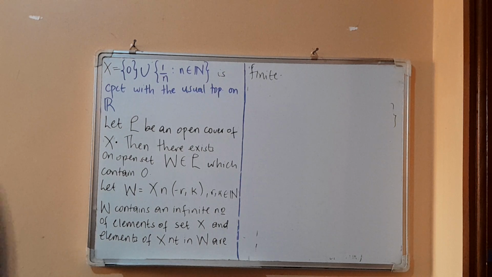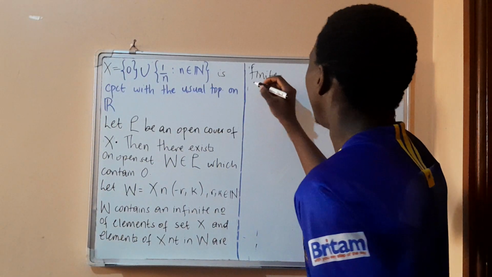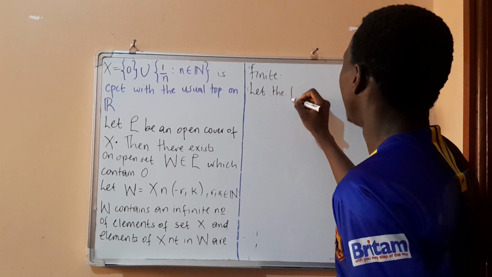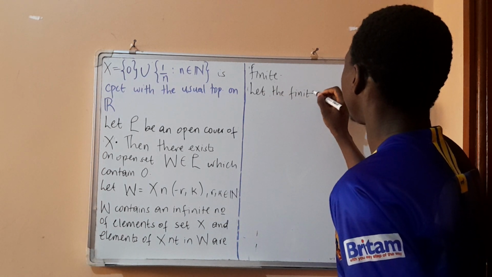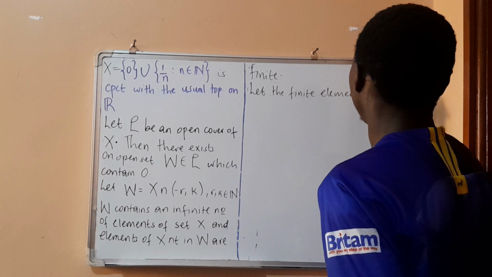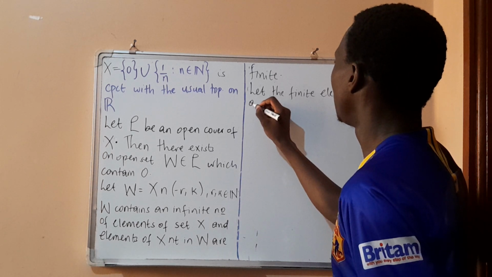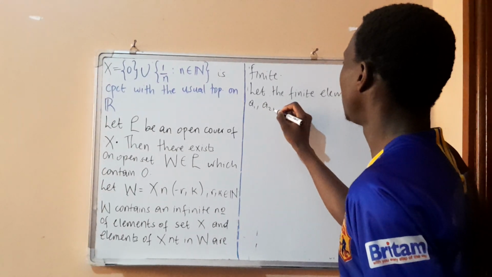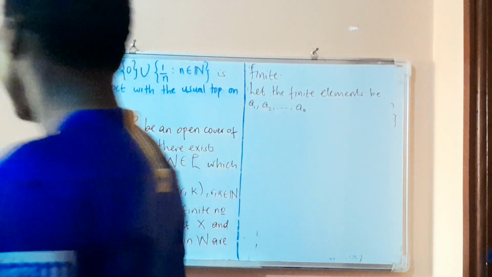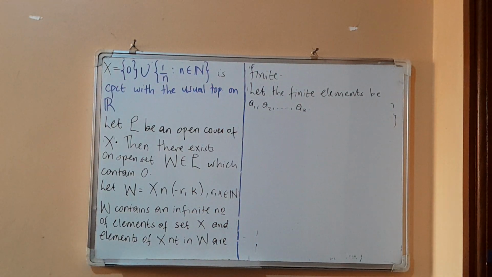So we are going to let those finite elements be A1, A2, up to AK. Now, what do we realize about those elements?